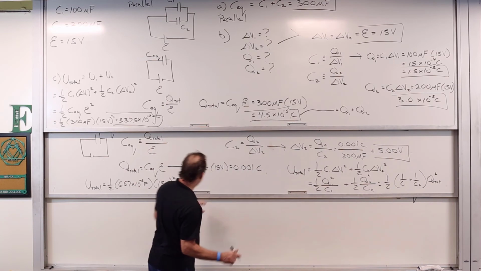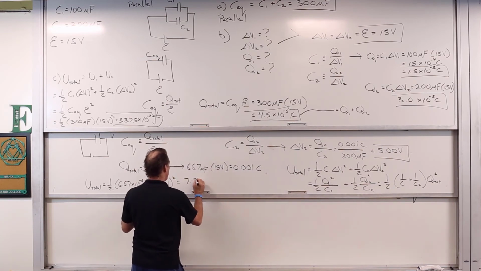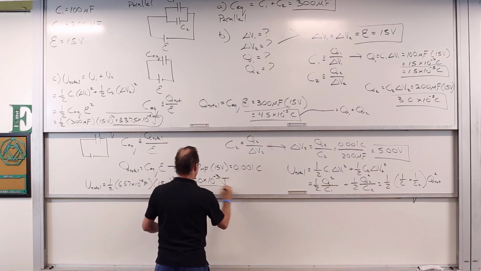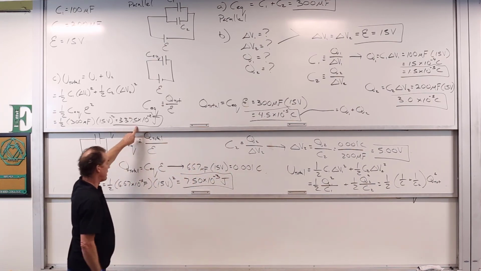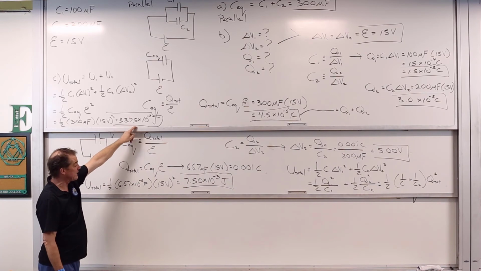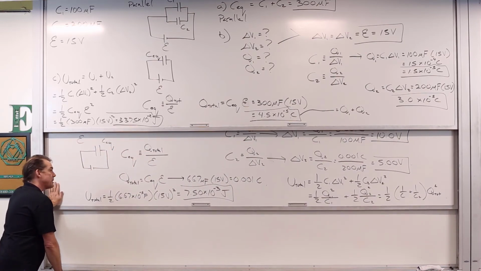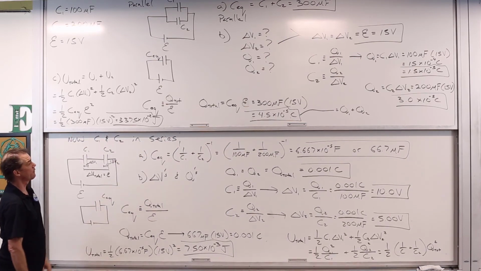We'll say 7.50 times 10 to the -3 joules of energy stored, which is less than this, right? By a pretty decent amount. Quite a bit less. Anyways, that's what we've got.